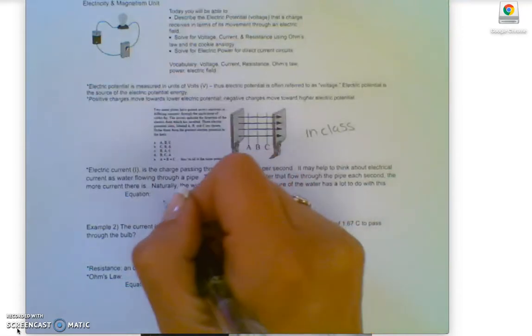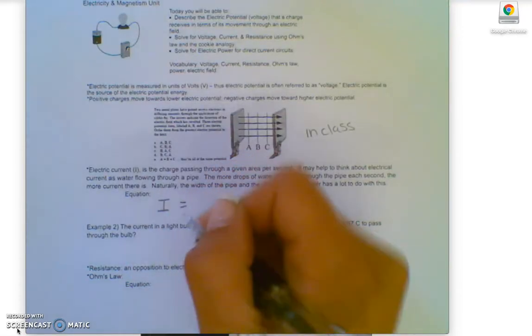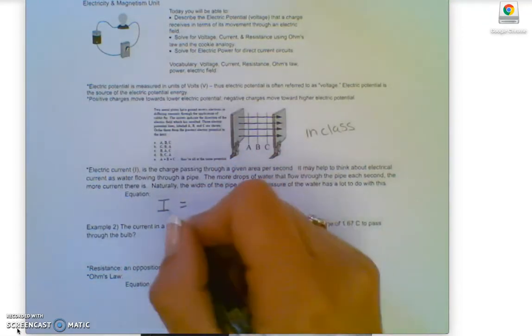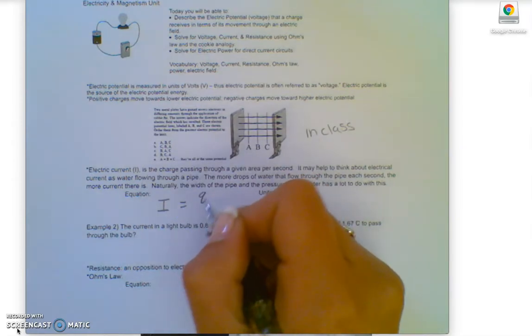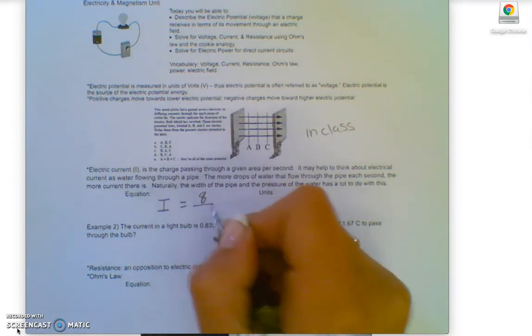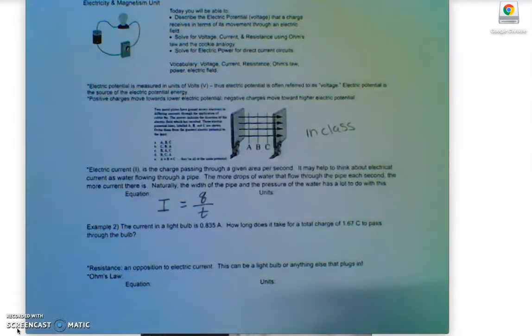The equation we use for current is I, and I is the variable for current. I know that's weird, doesn't make a lot of sense, but we've already used C for other things. It is the amount of charge, remember Q, per unit time.